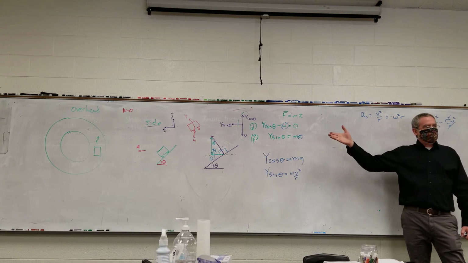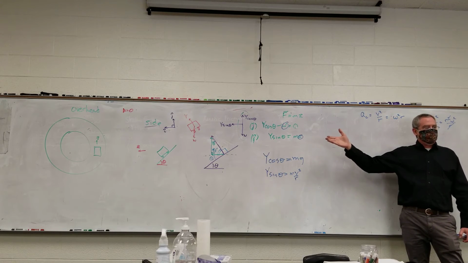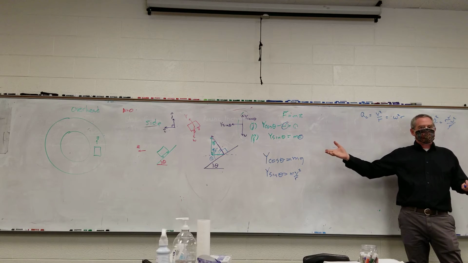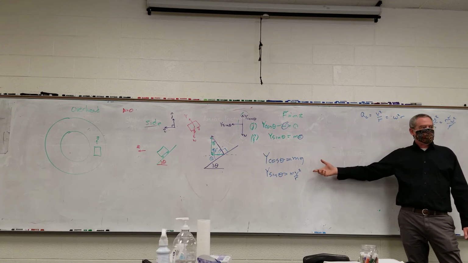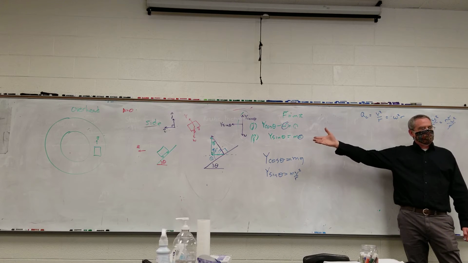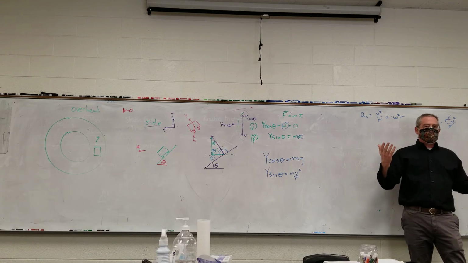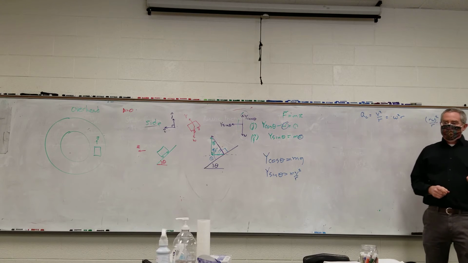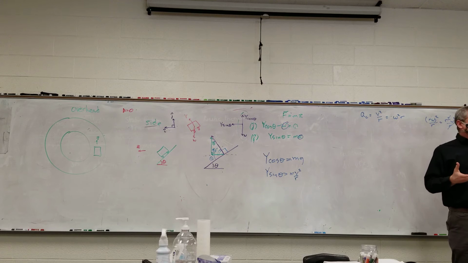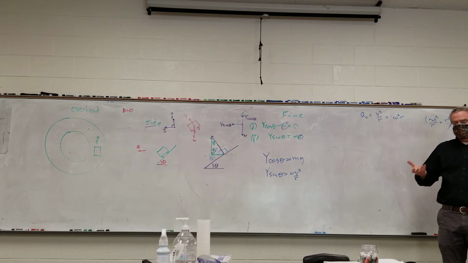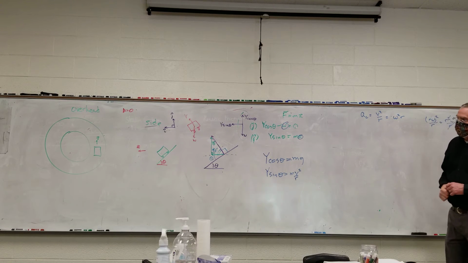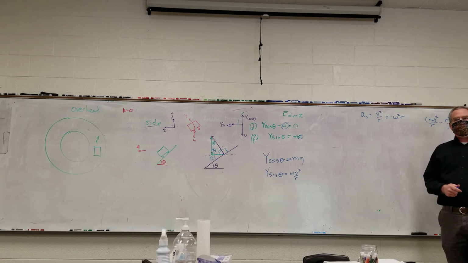Generally, when you're talking about a car, you don't talk about its angular velocity or angular speed as it goes around a curve. For a car, you generally talk about how fast it's going, which is its speed. So v is probably more appropriate for a car going around a curve. If I had something on the end of a string swinging it around, you could go either way on that one. Just that in the lab, omega squared happened to be more convenient because I've done it before, and that's why I shared that with you. When we get into rotational motion in chapter 9, omega is going to pop up more.